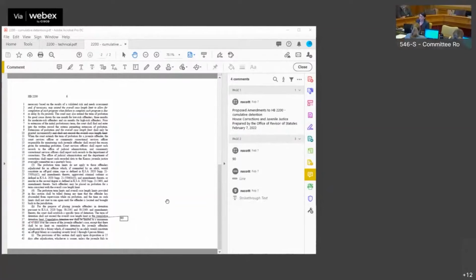Unless, of course, because this bill does allow for extension of the overall case length limit if it's for the purpose of finishing an evidence-based program. Okay. All right, thank you.